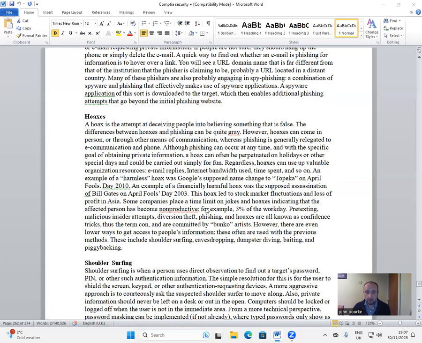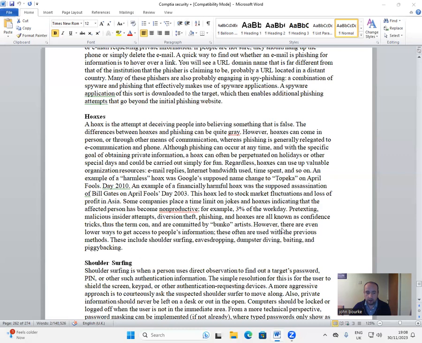Some companies place a time limit on jokes and hoaxes, indicating that the affected person has become non-productive, for example, 3% of the workday. Pretexting, malicious insider attempts, diversion theft, phishing, and hoaxes are well known as confidence tricks, and thus the term con, and are committed by bunco artists.